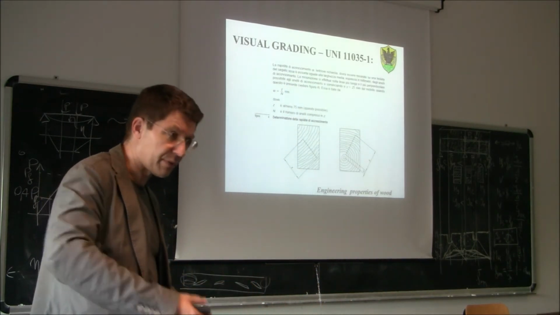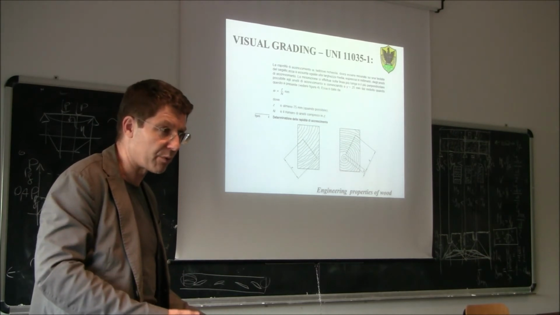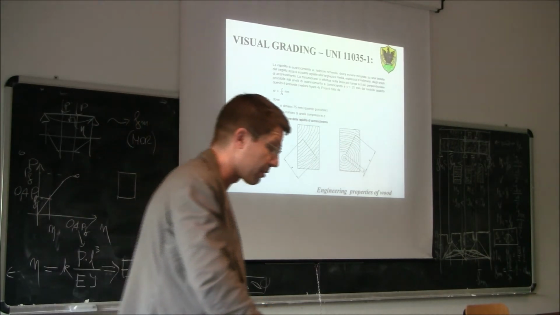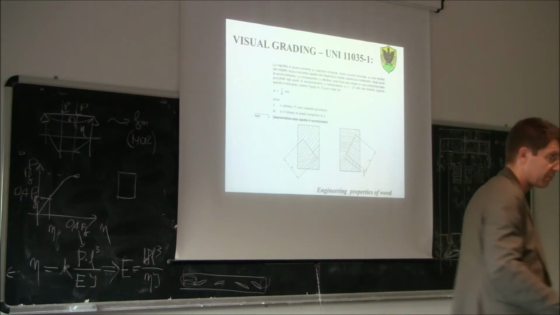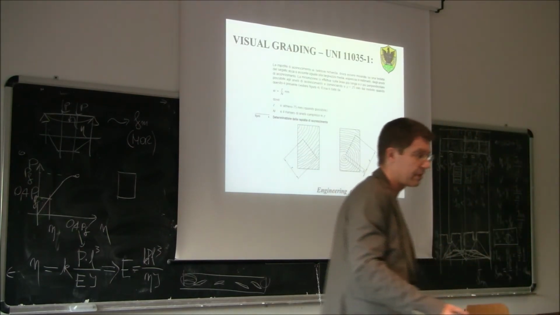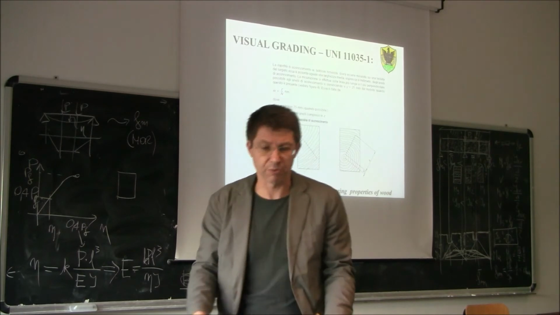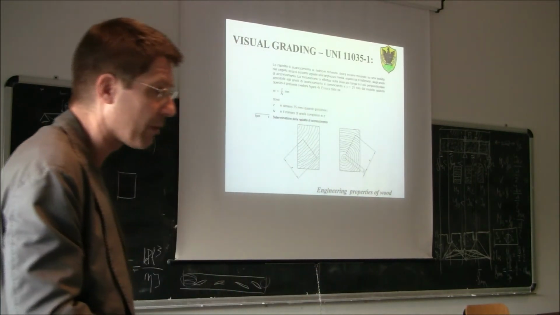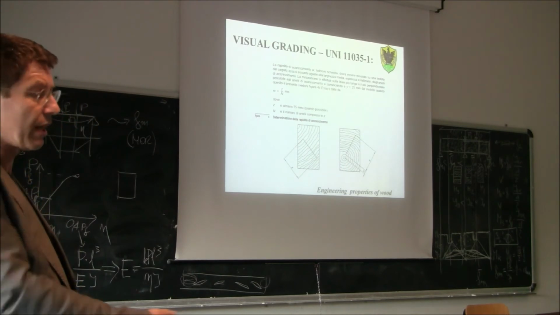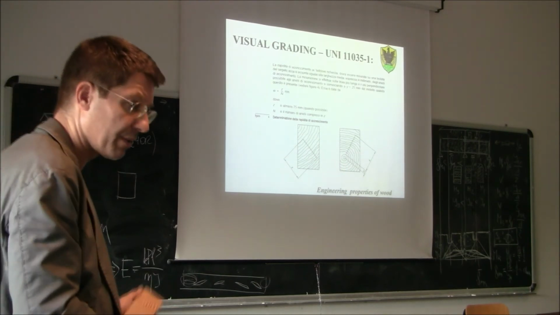If you lift a plank of hardwood, you will recognize immediately it's a hardwood because it's much heavier than the same plank out of softwood. So density of hardwood would be between 500, 600, 700 kilograms per cubic meter, while for softwood it is 300, 400. So it's completely different.